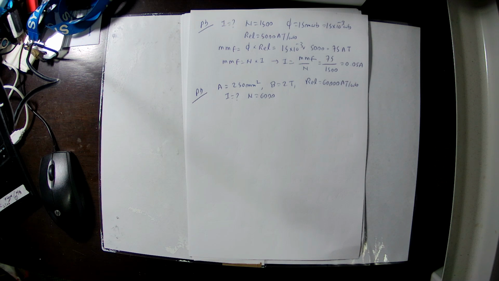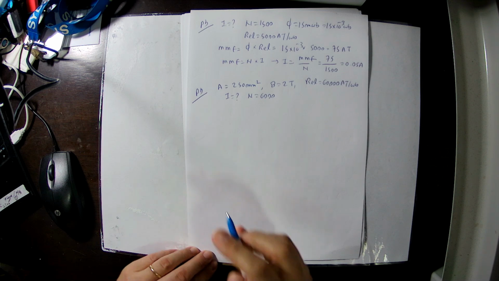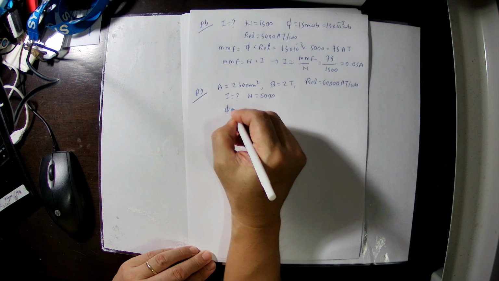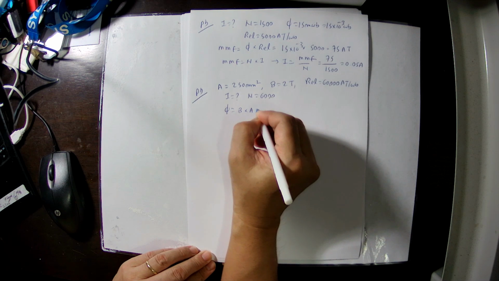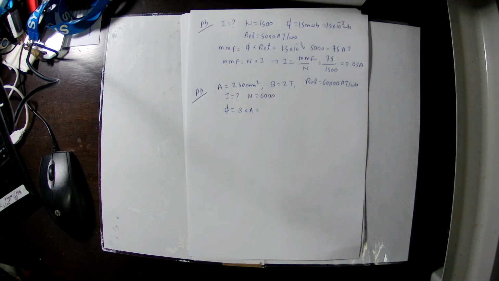So firstly, we have to calculate the flux. Flux multiplied by reluctance gives the magnetic force. Then the magnetic force divided by the number of turns gives the current. So firstly, we find the flux. Phi equals B multiplied by A, flux density multiplied by area of the core.